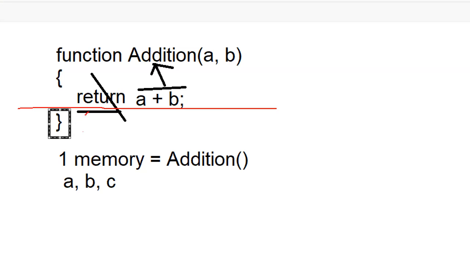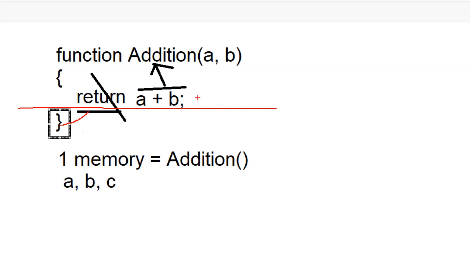If it goes to this location, the memory allocated for that particular function is deleted. Without going to that location, if I terminate, then the memory is still available.